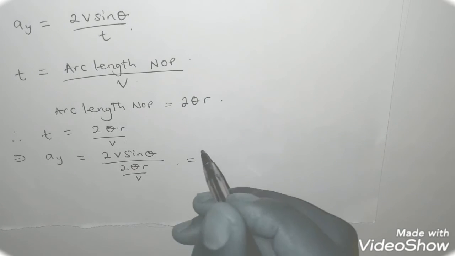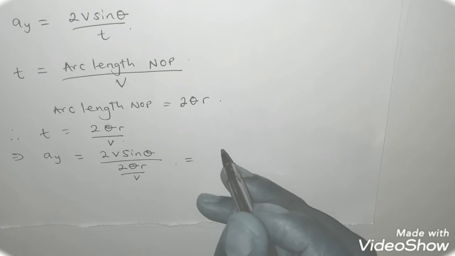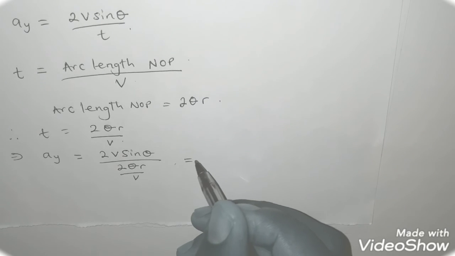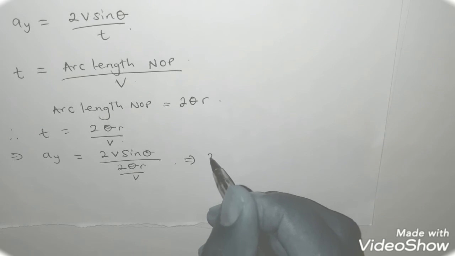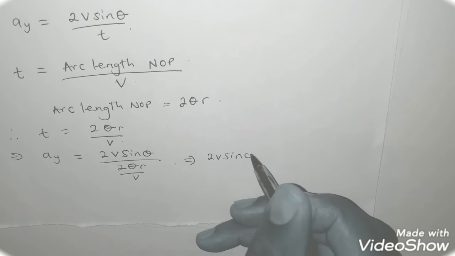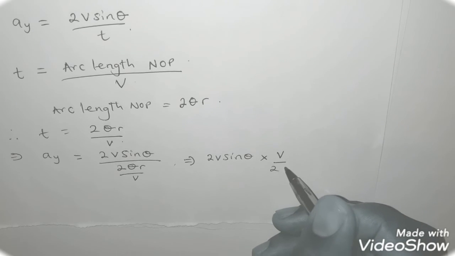Considering the laws of multiplying fractions, this is the same as multiplying 2v sine theta times v over 2 theta r.